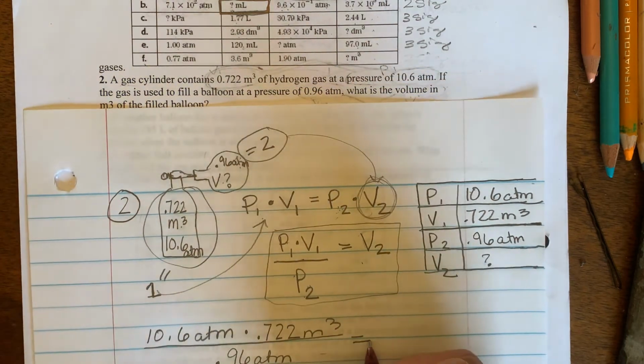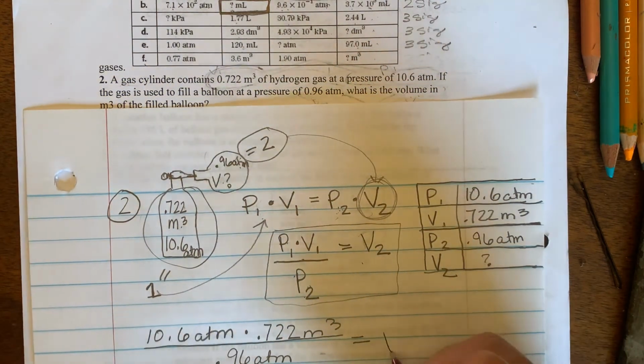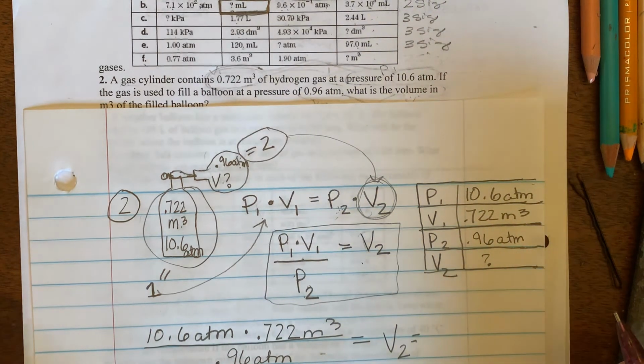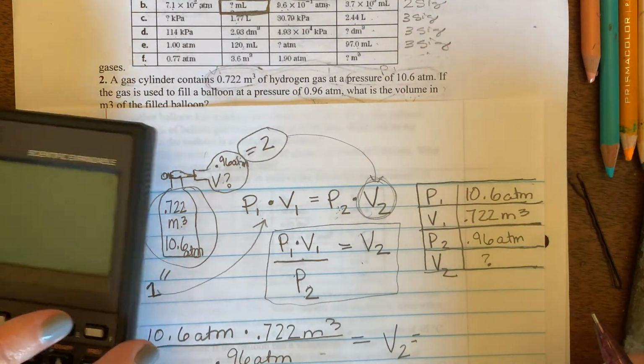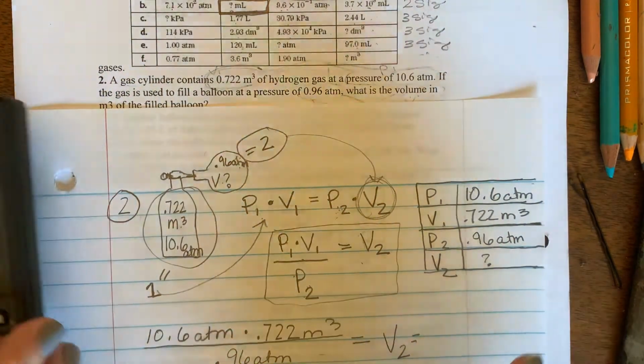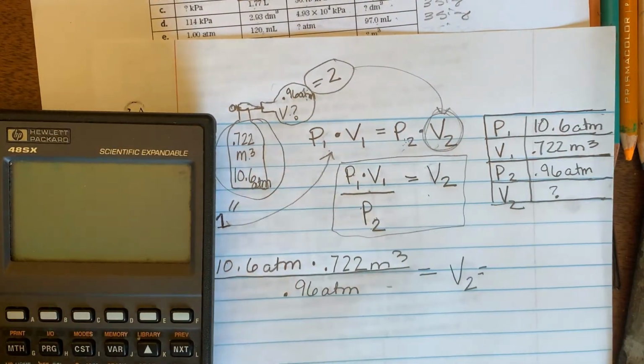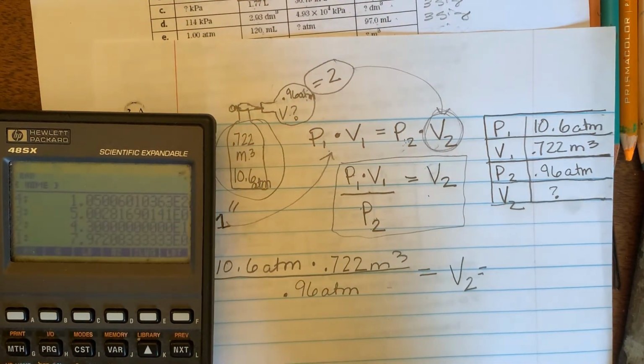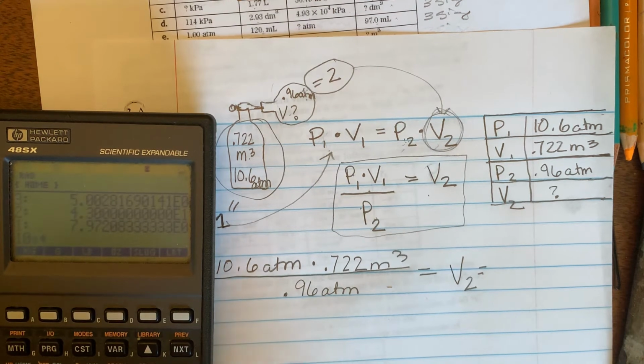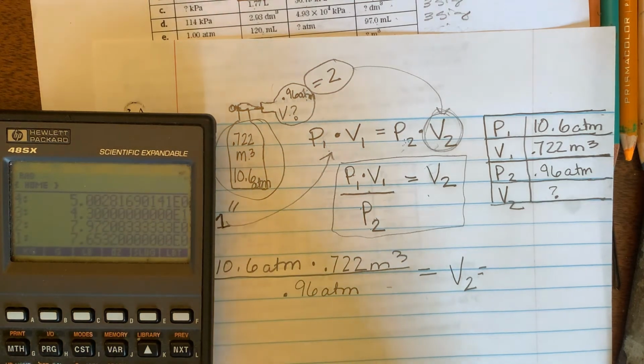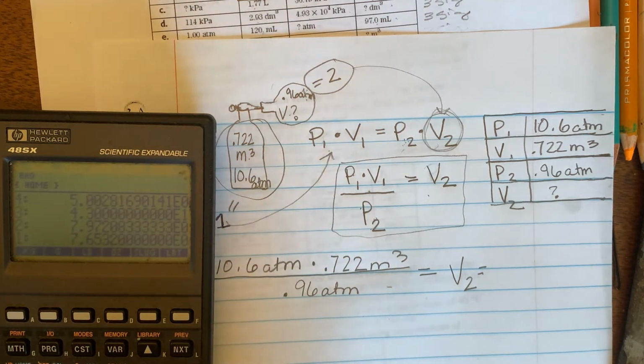All right, and all that is going to equal V2. So grab your calculator and turn it on. I hope you have your calculator handy. So we've got 10.6 times 0.722. And then we're going to divide that by 0.96.